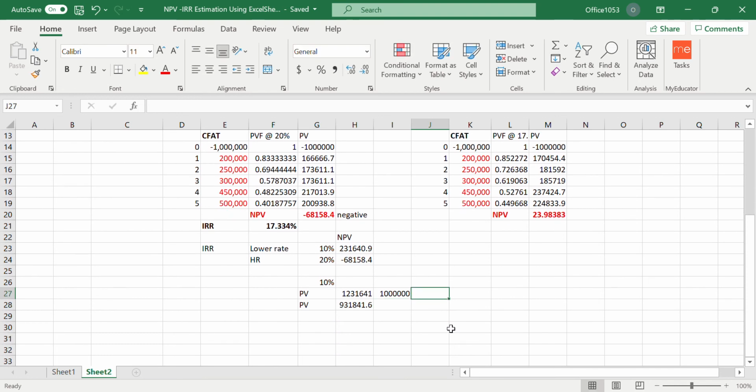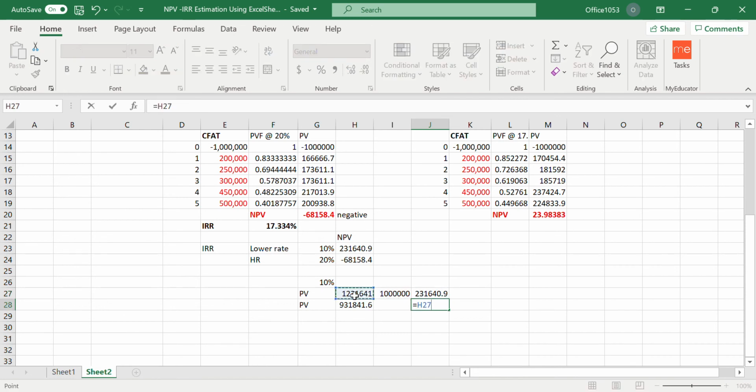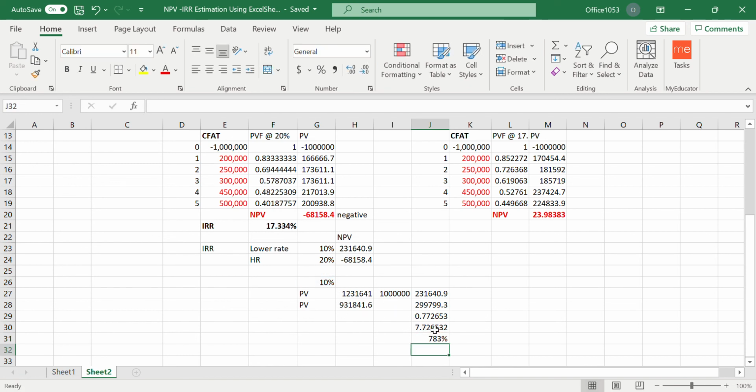So you can see here the difference between this and this, and the difference between the present value at the low rate minus the higher rate. We divide this by this, multiply the same into 20% minus 10%. In the end you add the difference to the number.